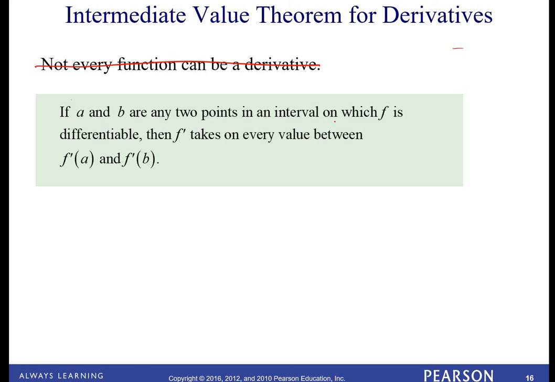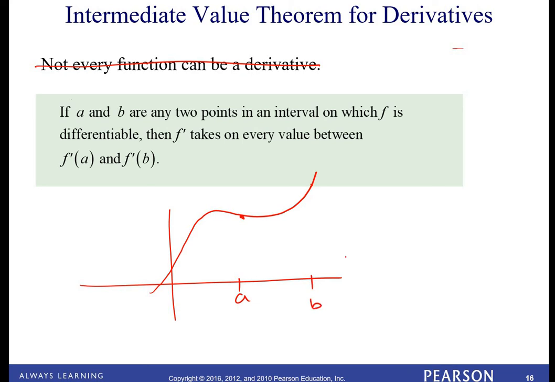If a and b are any 2 points in an interval on which f is differentiable, so I have a differentiable, a nice smooth continuous function, and I have a point A and I have a point B. So at A, I have f prime of A, which is the slope at A, and in this case it looks like a small negative. Let's say, just for the sake of argument, that it's negative 1/2. And then I have a slope at B, and let's say that f prime of B is 3.